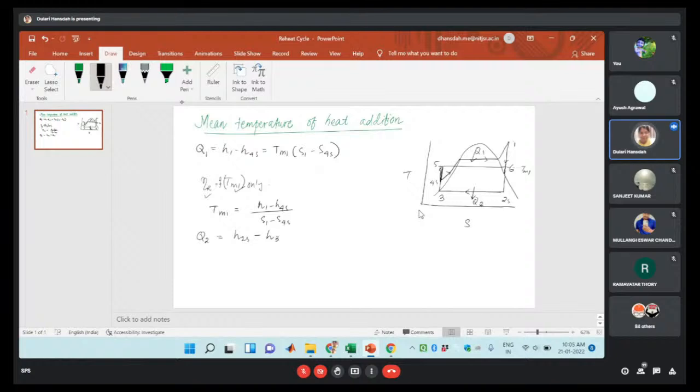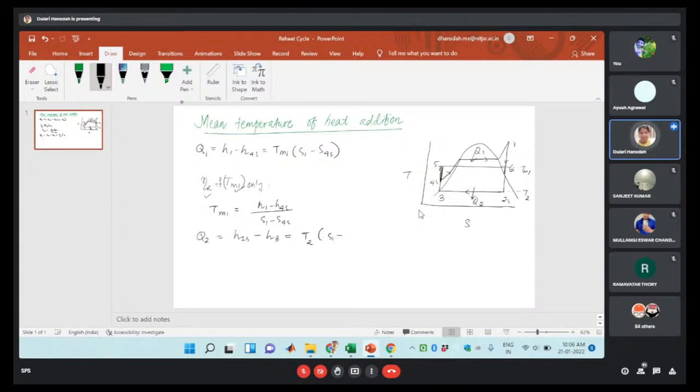In terms of entropy and temperature, the temperature here is T2, which is multiplied with S1 minus S3.